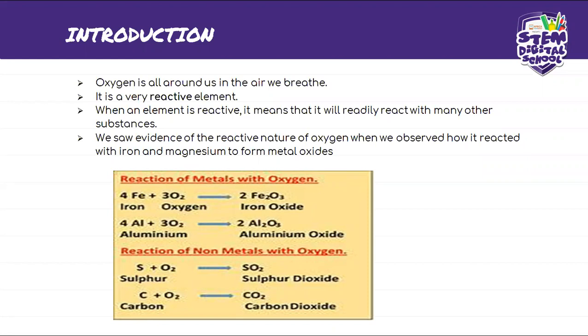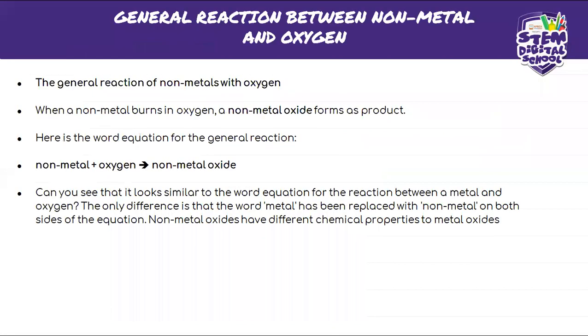So we have sulfur plus oxygen giving us sulfur dioxide, and carbon plus oxygen giving us carbon dioxide. So the first two reactions are metals with oxygen, and the second two reactions are also what? Non-metals with oxygen. So we are going to continue with that.